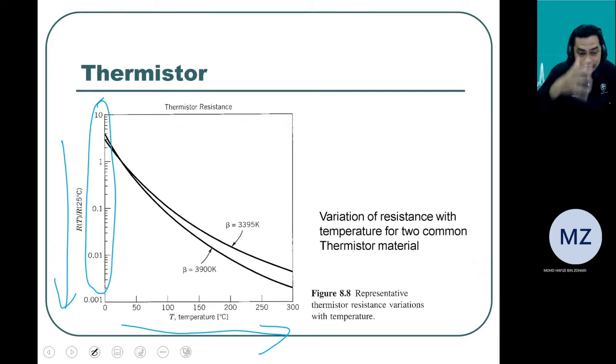So suppose that it has a sudden decrease of the resistance with the increase of the temperature. All right. And then the curve is given by the value of beta, in terms of Kelvin.